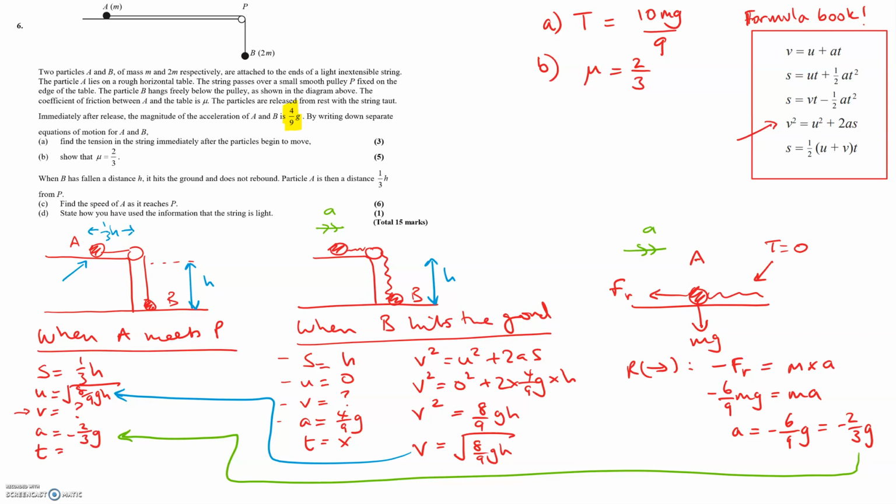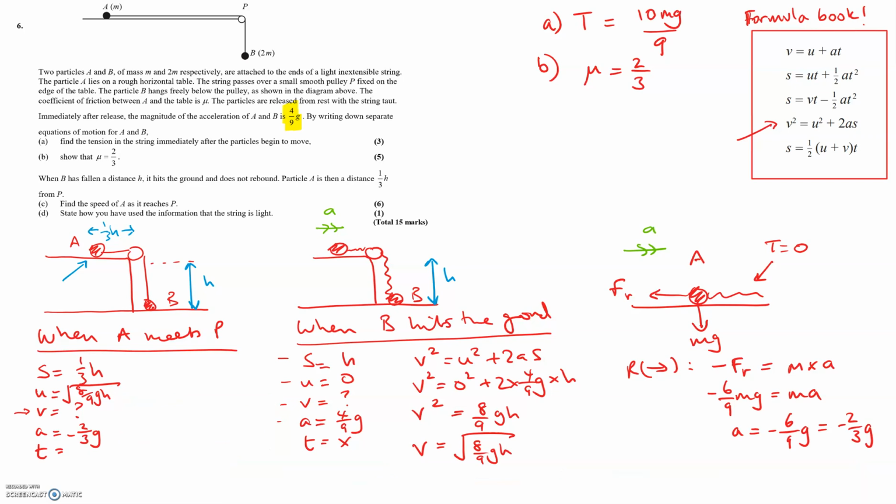So now I've got everything I need in order to calculate v, which is the speed of A as it reaches P. The equation I'm going to use is actually the same one as before.